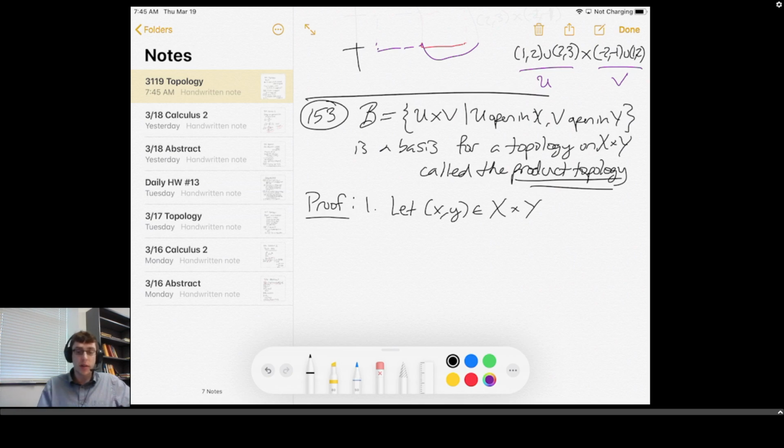So in this case, these are just open sets. These are not basic open sets. Yeah, they lie in there, but we're not given a basis there.